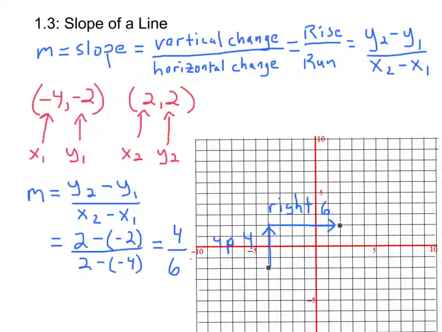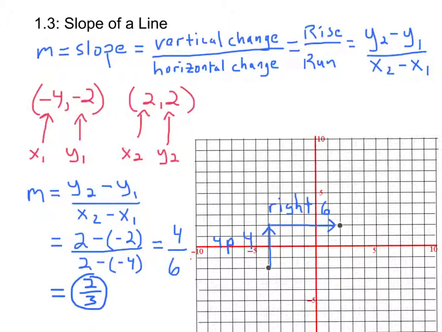Now whenever the slope can be reduced, we should do that. So in this case, we could reduce this down to 2/3. Now that we've reduced it, we can see this would be equivalent to going up 2 and to the right 3, 2 times in a row.